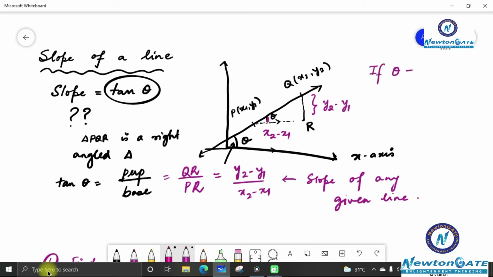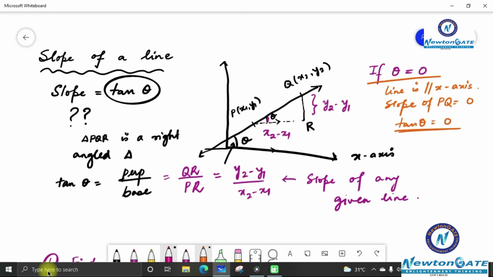In that case, the line will be parallel to the x-axis, and the slope of the line PQ will be 0. Whenever theta is equal to 0, the line is parallel to the x-axis and hence the slope of the line PQ is also 0, because if theta is equal to 0, tan theta automatically becomes 0 and hence the slope of the line is also equal to 0.